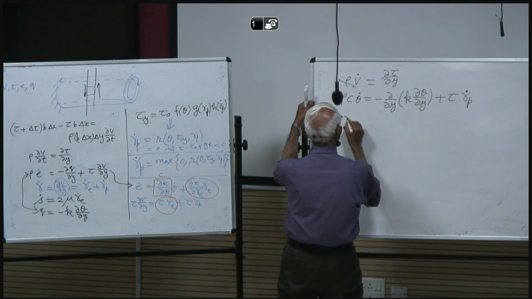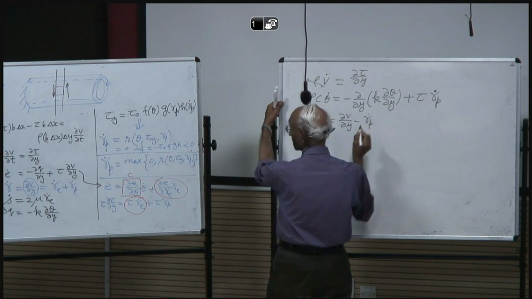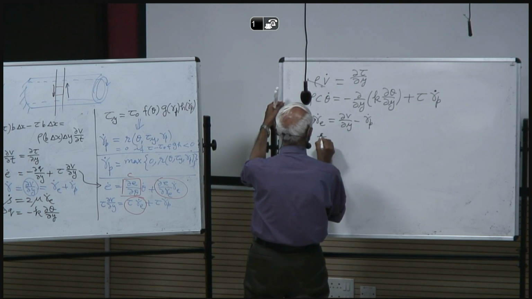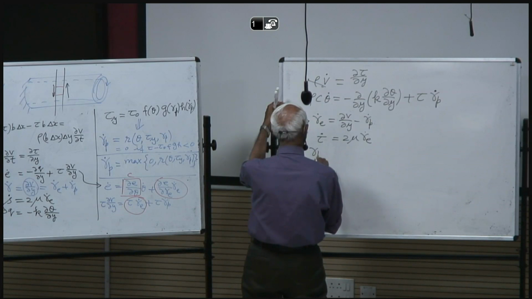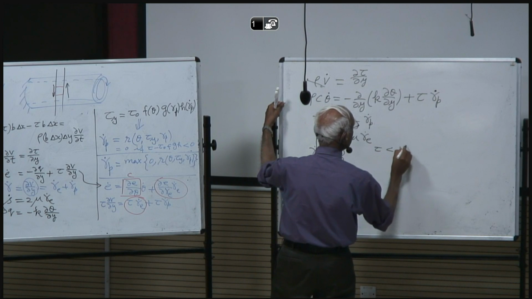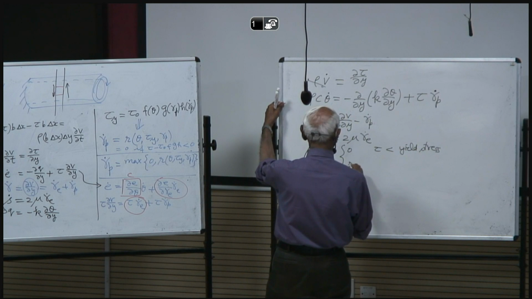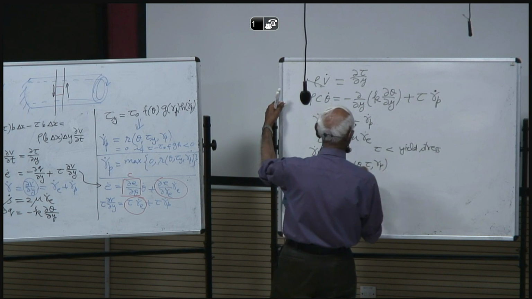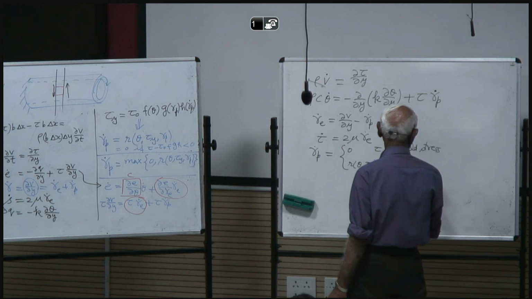We have gamma dot elastic equal to delta v over delta y minus gamma dot plastic, and we have tau dot equals twice mu gamma e dot, and we have gamma p dot either 0 if my tau is less than the yield stress, or it is the solution of that equation, depending upon whether my tau is greater than or equal to the yield stress.